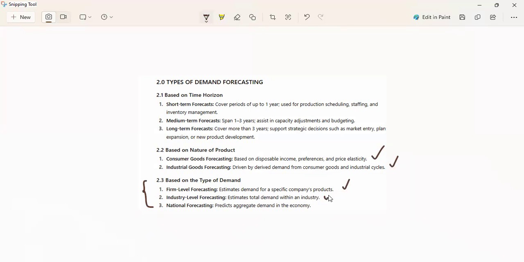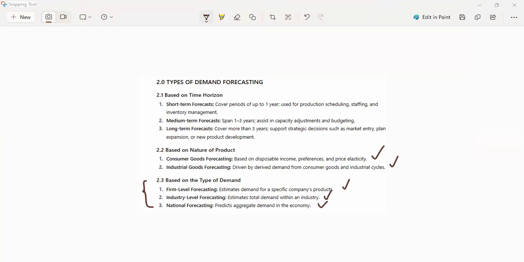Then we have industry level forecasting, which estimates the total demand within an industry. And we have national forecasting, which predicts the aggregate demand for an economy. So these are the types of forecasting on which this will rely.